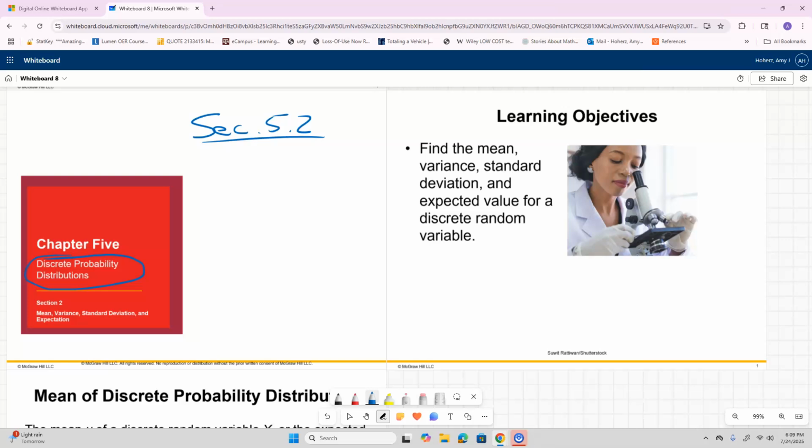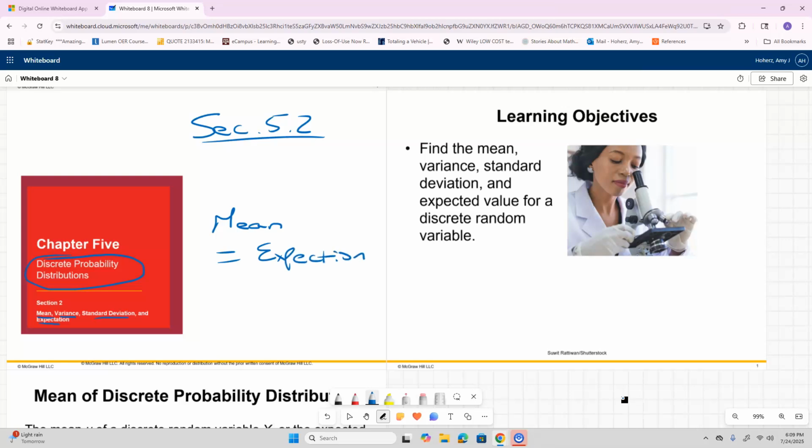And now we're going to learn how to do mean, variance, standard deviation, and expectation of discrete probability distributions. Now I'm going to say this now because it kind of gets lost in things if I wait to do it later. When you're calculating the mean of a discrete probability distribution, that is the same thing as the expectation.